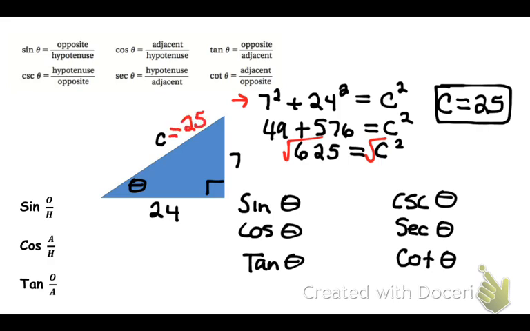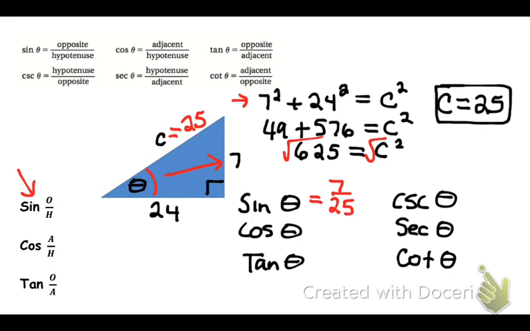Now we're going to do sine. So here I have my SOHCAHTOA, or my Oscar had a handful of apples. So we're coming off of theta, and it says we want side opposite over hypotenuse. So the side opposite is 7, and the hypotenuse is 25.